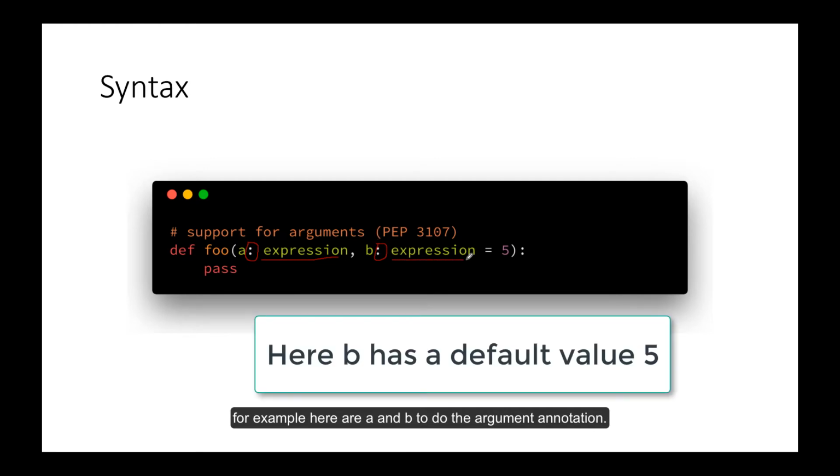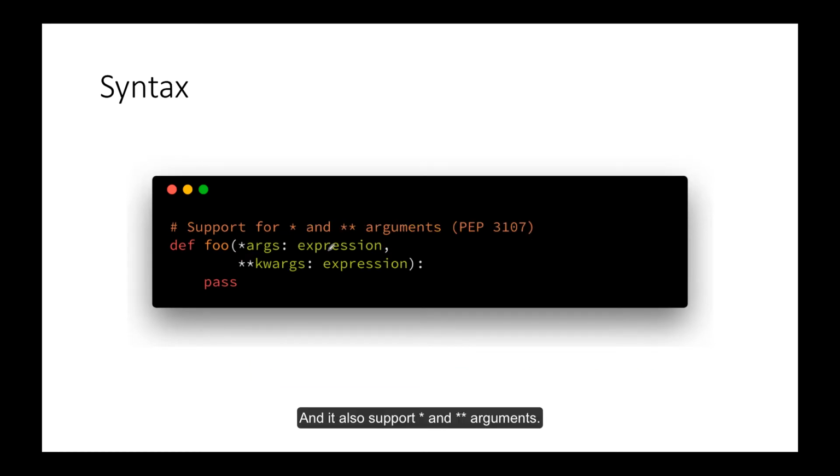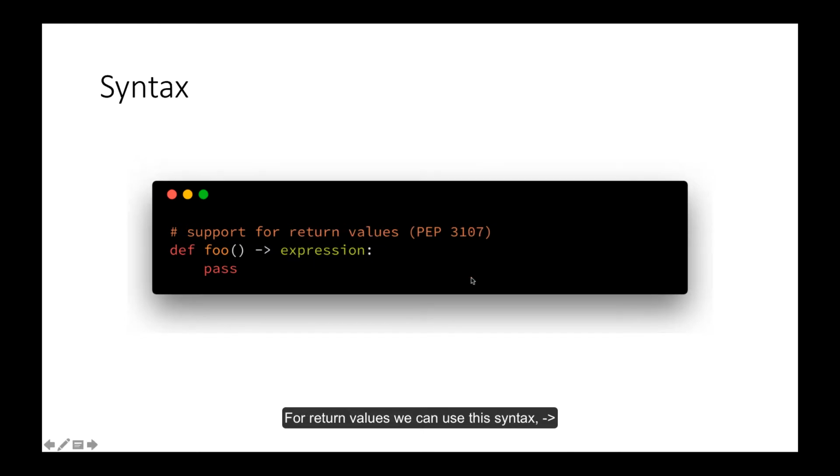For example, here are A and B to do the argument annotation. And it also supports star and double star arguments. For return values, we can use this syntax, dash and bigger than, followed by an expression after the function definition.